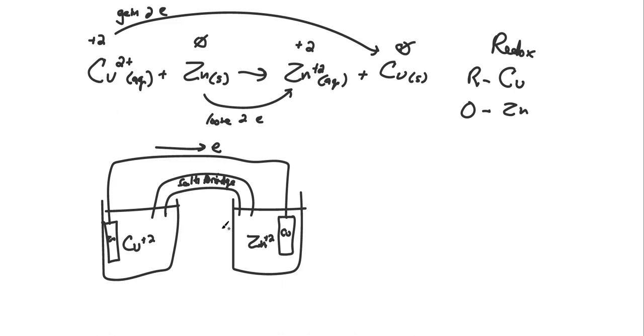Oh sorry, and copper gains the 2 electrons. Zinc loses, copper gains. So what about this salt bridge here? Well, that salt bridge there is actually just the continuation of the link. So we've got a circuit here going around.